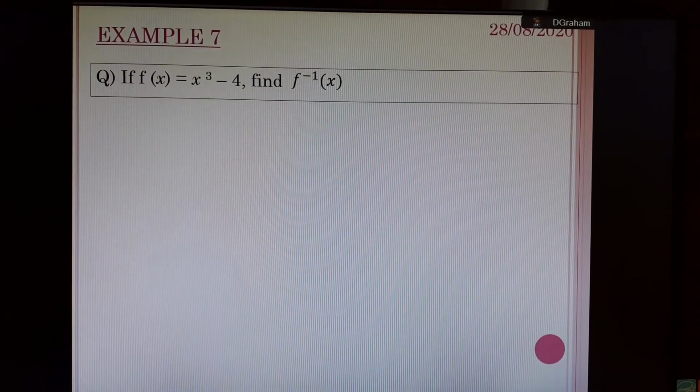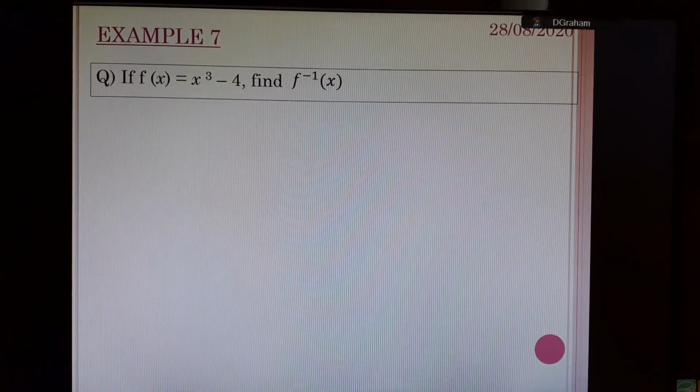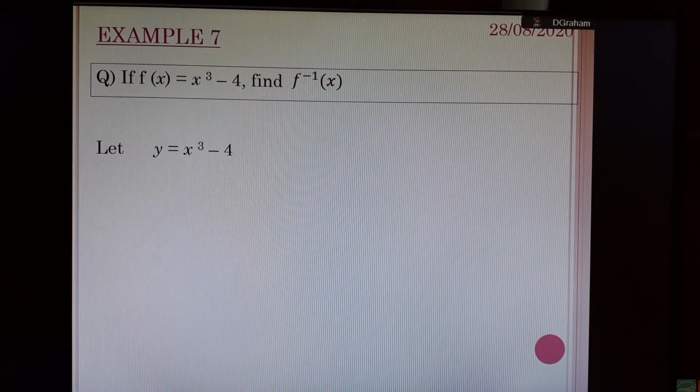So here's another one. If we have f of x equals x cubed take away 4, find the inverse function of x. So we'll do the same thing. We'll rewrite it, but instead of f of x, we'll rewrite it as y equals x cubed minus 4. So it's the same function, but we're replacing f of x with y. Now we want to rearrange it and change the subject of the formula to x equals.